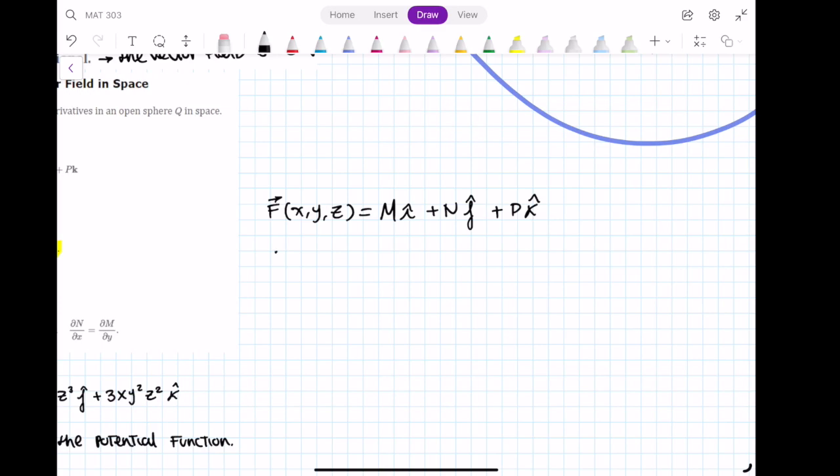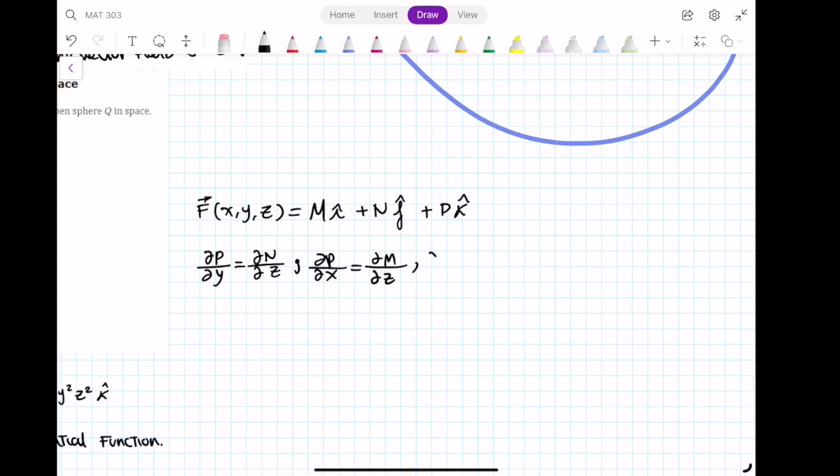And the partial of P with respect to y should be equal to the partial of N with respect to z. Also, the partial of P with respect to x should be equal to the partial of M with respect to z in here.